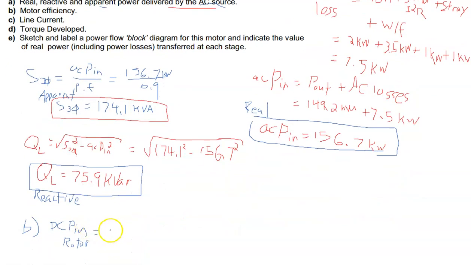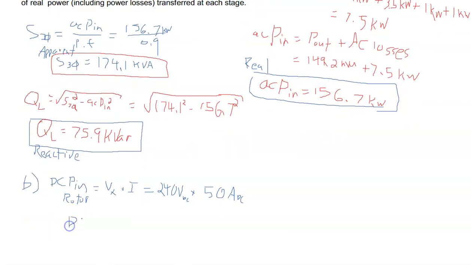So we call that V rotor or whatever, V_X times I_X, and we had 240 volts DC multiplied by 50 amps DC, and so the DC power in is equal to 12.0 kilowatts.